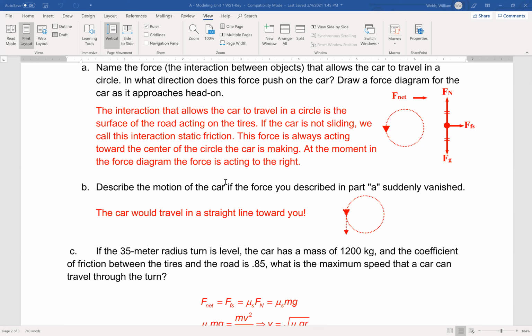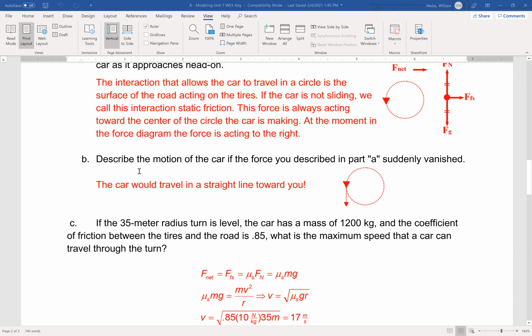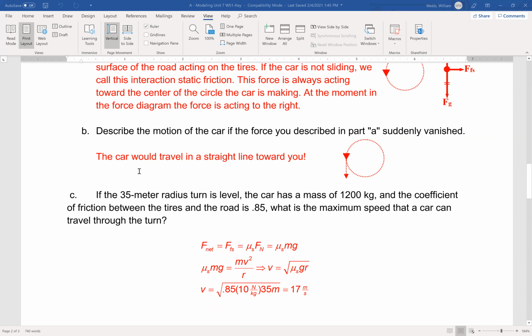But we also know in this problem, the net force is causing the car to go in a circle. And if that's causing the car to go in a circle, we can call that a centripetal force and therefore a centripetal acceleration. So that net force, that friction force, is also, in this case, the centripetal force for this scenario. Centripetal force is a generic force. It's not a certain kind of force per se.